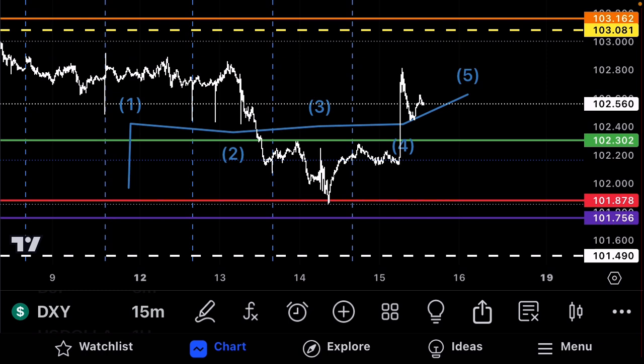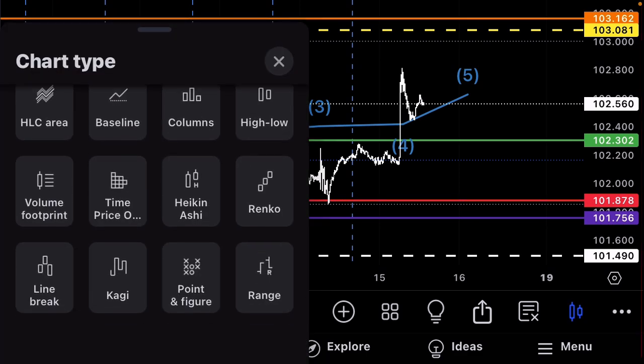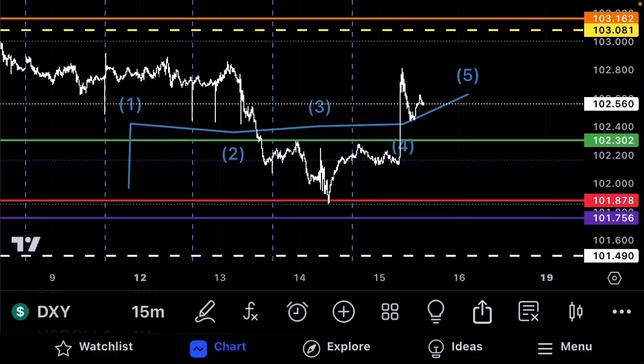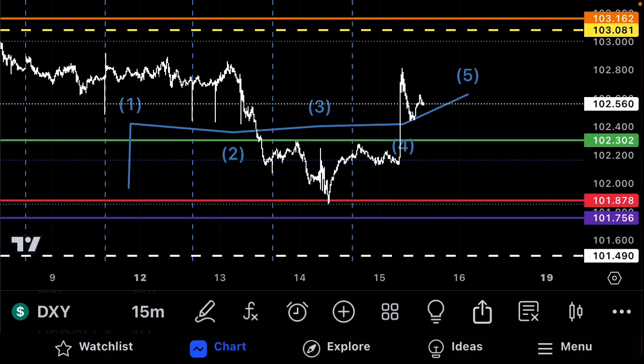So the brother doesn't have access to arrows at this time. Haven't searched out this chart yet. It's somewhere on here, the arrows. This is just the free version.